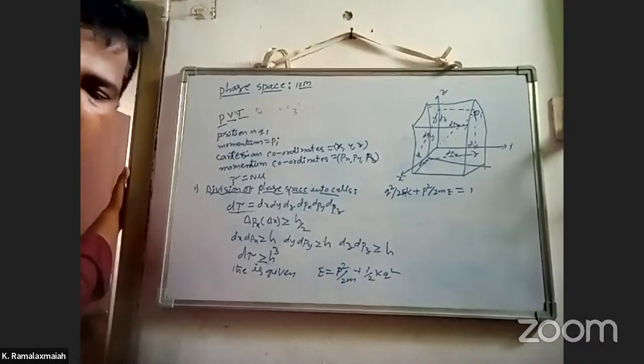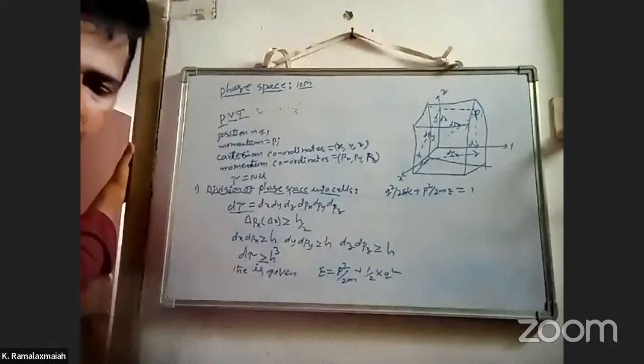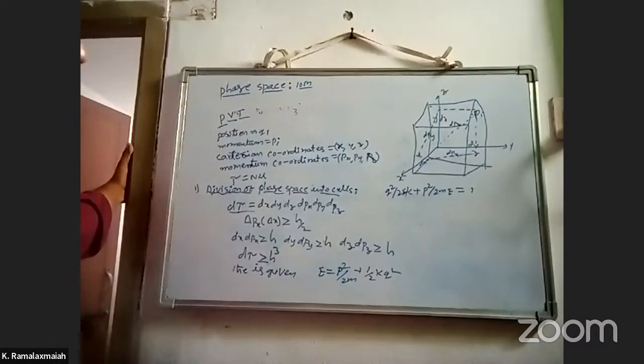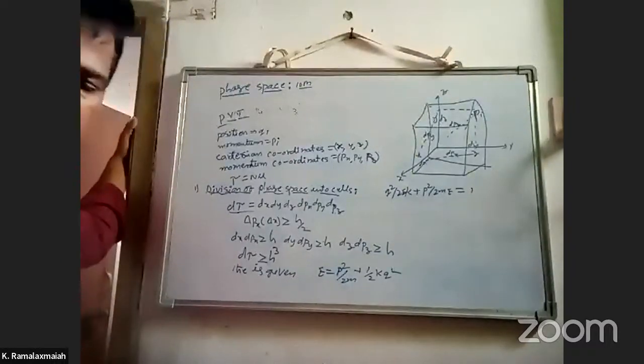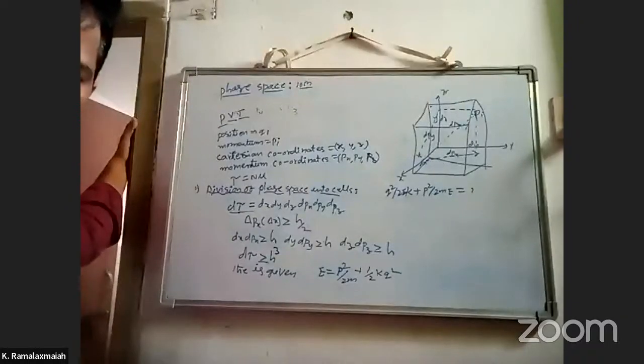It describes an ellipse in the space q comma p. The phase space point moves along the elliptical path.